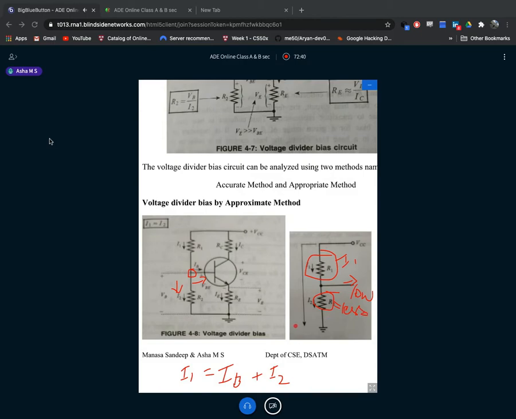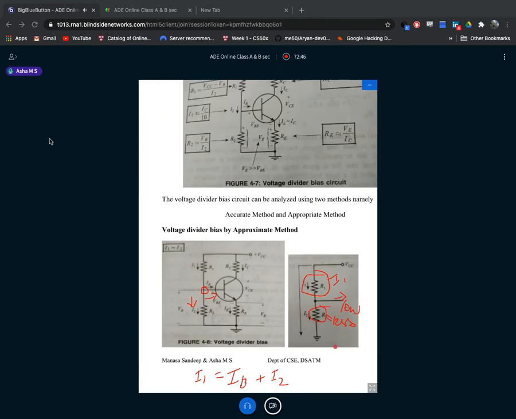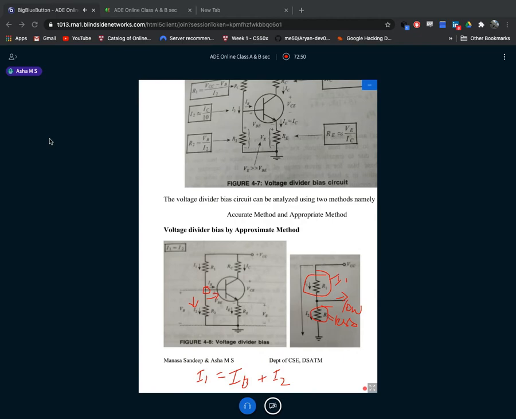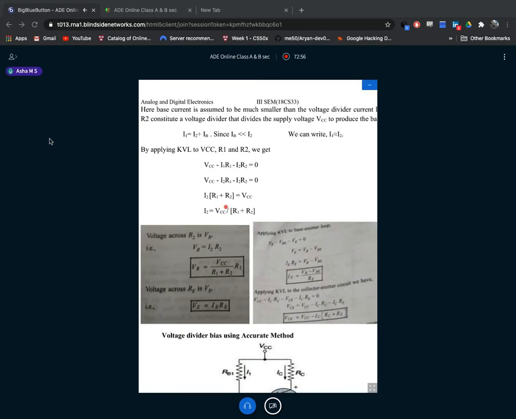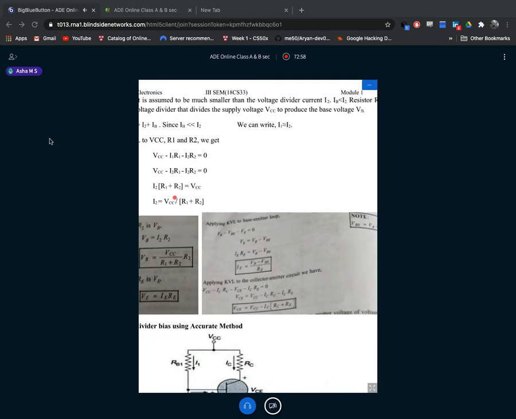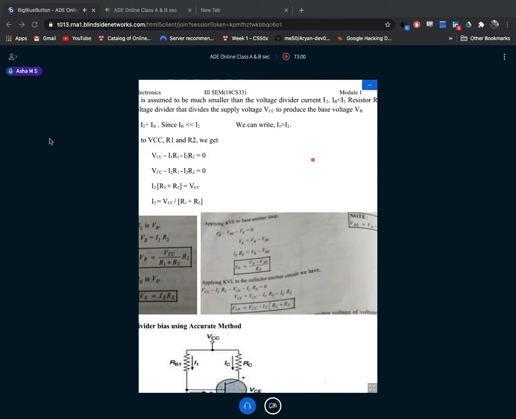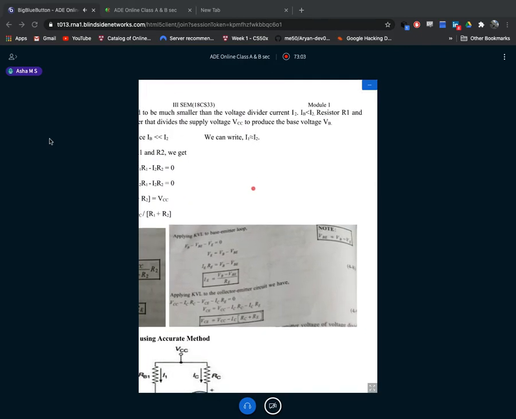This is why I'm going to construct my circuit this way. Since I1 is equal to I2 plus IB, and IB is very, very much less than I2, you can write I1 is approximately equal to I2.